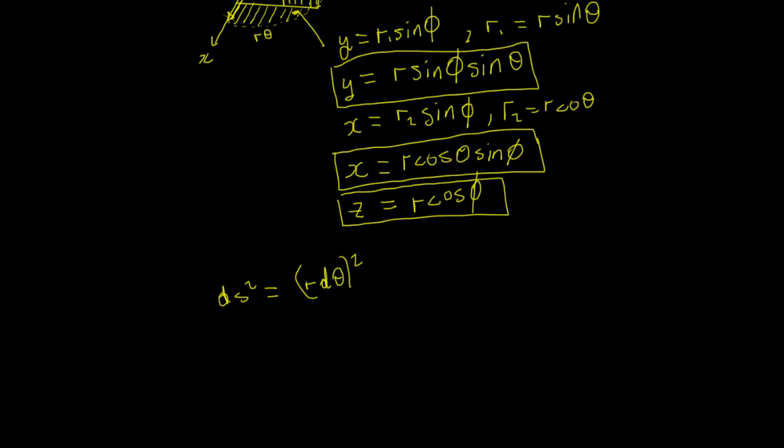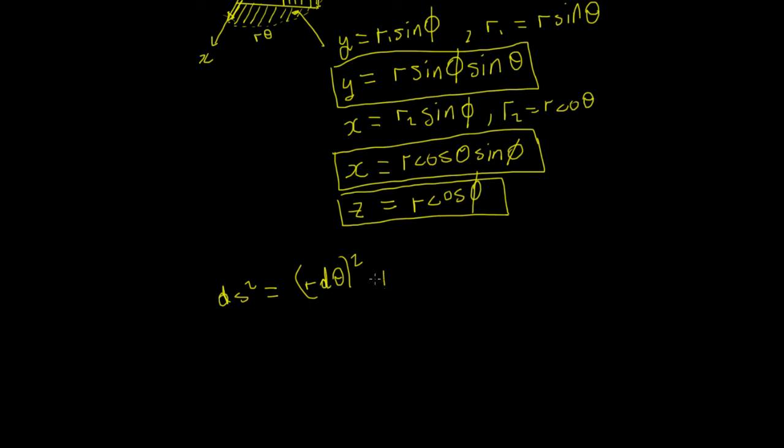But what is the value of r? Well, we've already worked out earlier that this distance here is r sine theta, times d theta. That will give us this curve here.